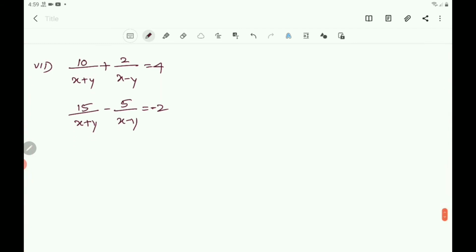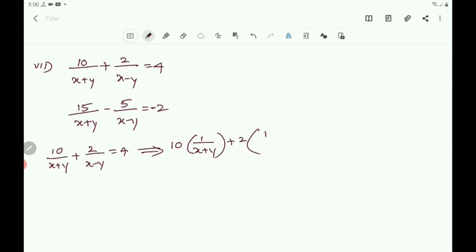Now you take the first one, 10 by x plus y plus 2 by x minus y equals 4. That becomes 10 into 1 by x plus y plus 2 into 1 by x minus y equals 4.